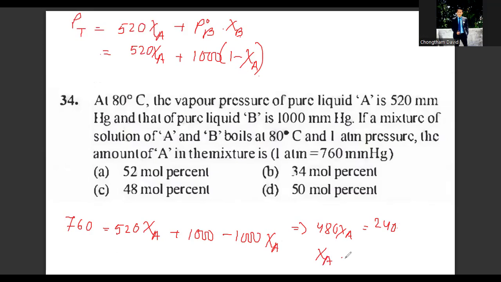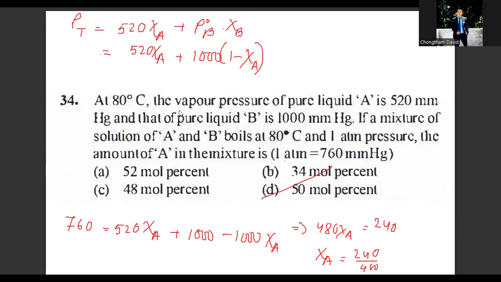So can you find the mole fraction of A from this equation? Yes, divided by 480. This gives you a value of half, or 50%, or you can say 50 mole percent. D is the answer to question number 34. I hope it's clear and understood.